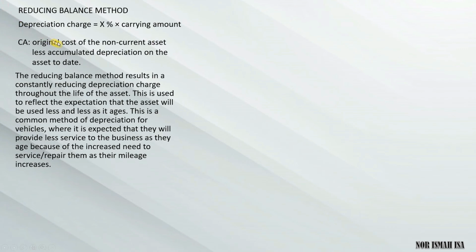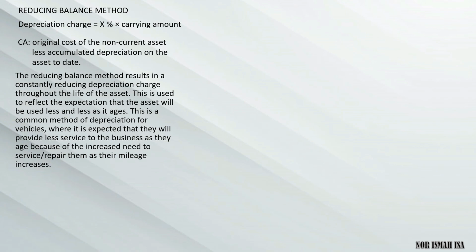Okay, next, the reducing balance method. The formula for depreciation is the percentage given multiplied by the carrying amount, which is the original cost of the non-current asset less accumulated depreciation on the asset. So each year the carrying amount will be different because the cost of the non-current asset will be deducted by the accumulated depreciation.